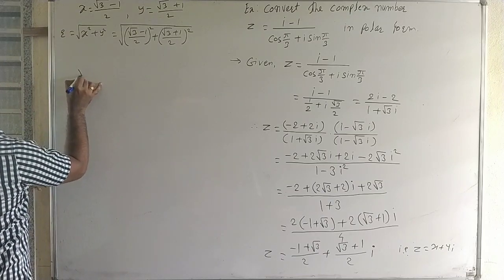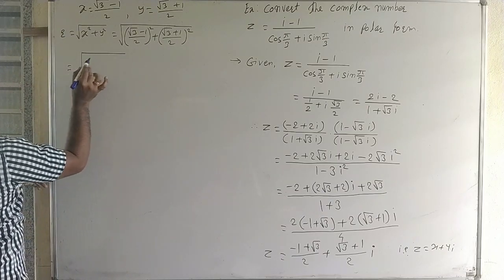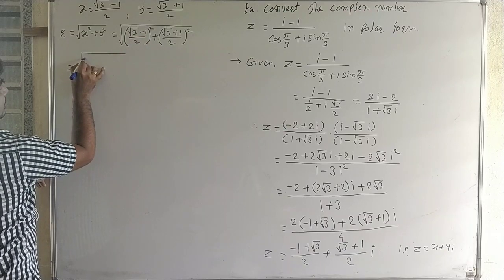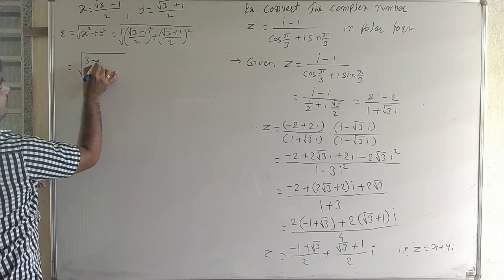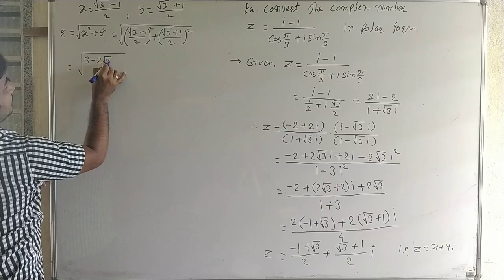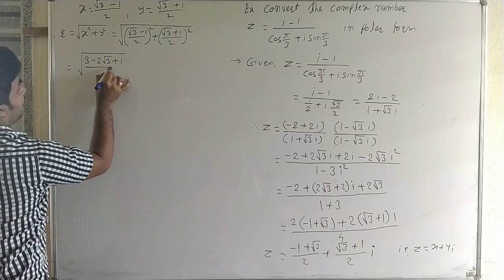It is the square root of (√3 − 1)², which is 3 − 2√3 + 1 upon 4.